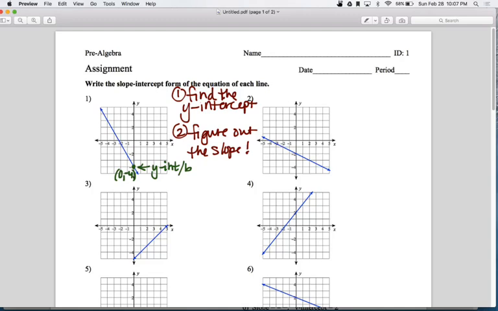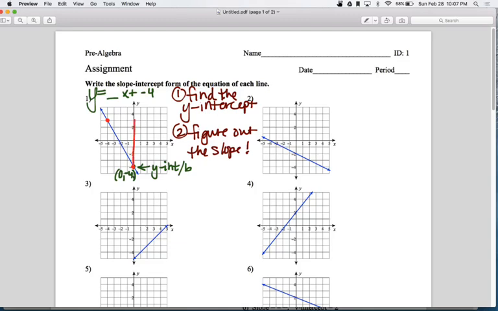Okay, so in my equation, y equals something x plus something, that second something is a -4. Now for our slope, we want to find a rise and a run. For finding the rise and the run, we need to have 2 spots where the ordered pairs cross grid marks. Okay, you did this in the last unit.